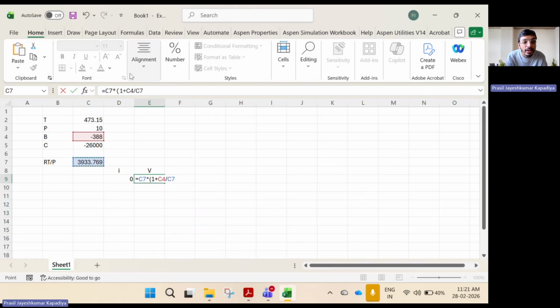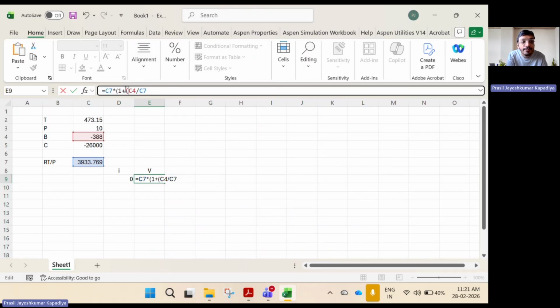The RT by P term will always remain as it is. B will also remain as it is, and C will also remain as it is.